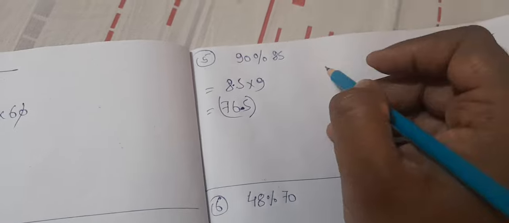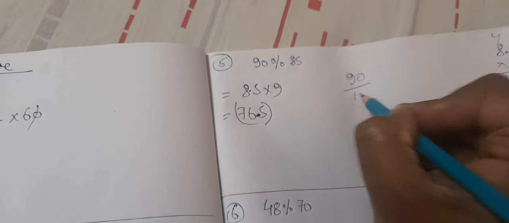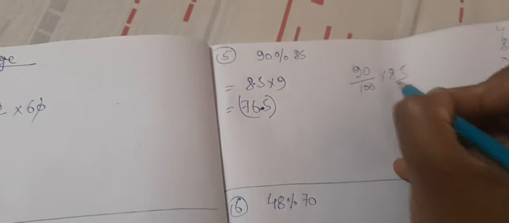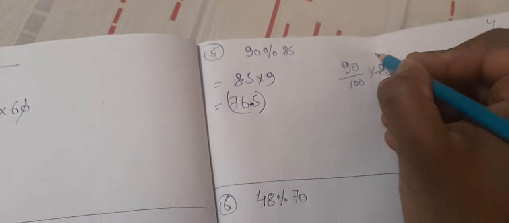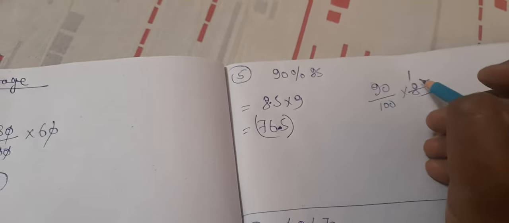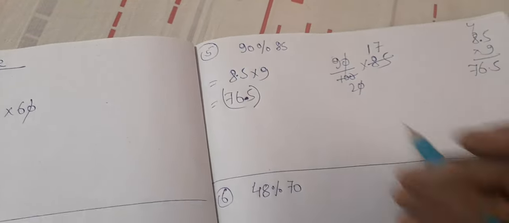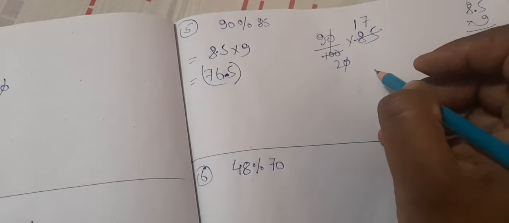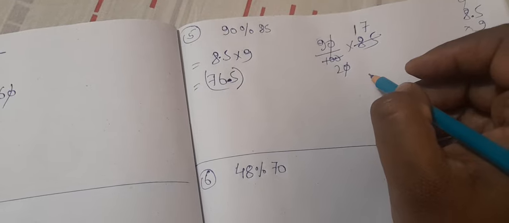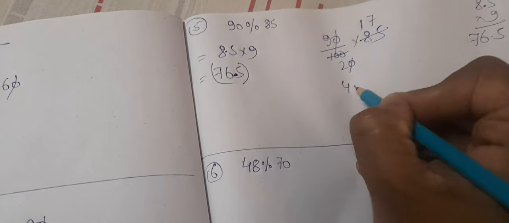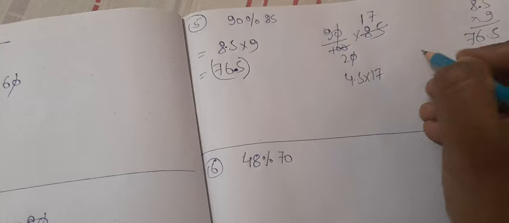That is 90% of 85. Let's check this through another method. 5 1s are 5, 5 7s are 35, 5 20s are 100. So what happened here? 4.5 into 17.